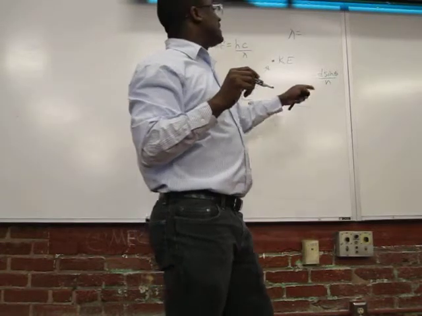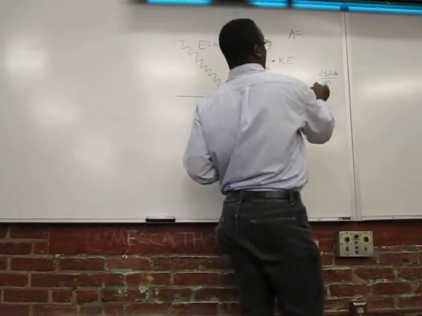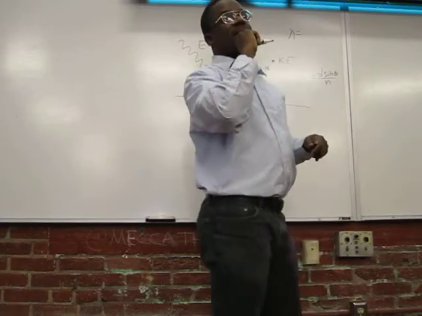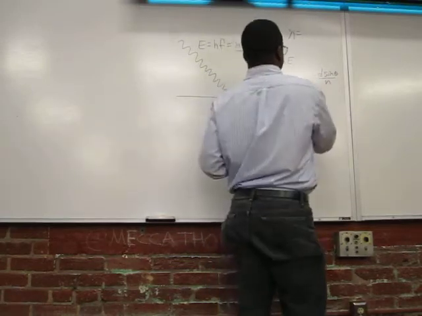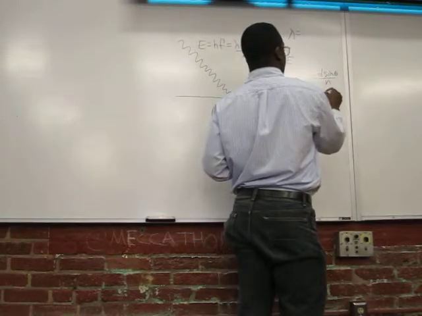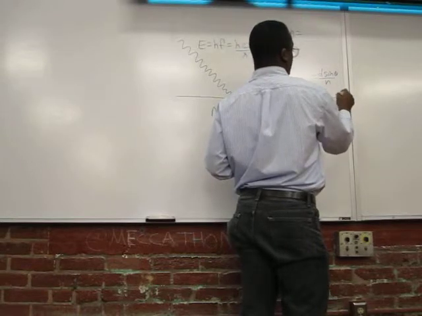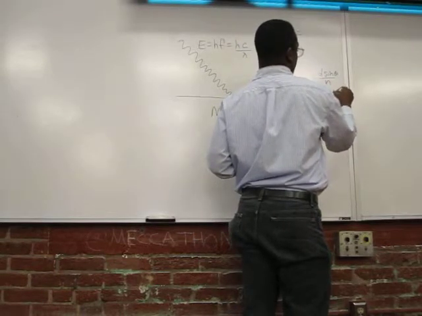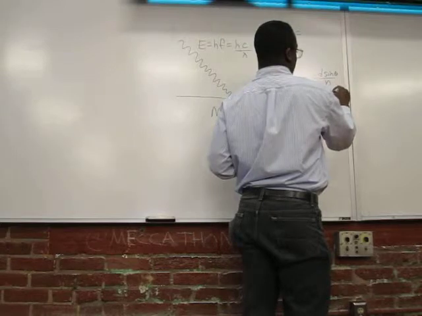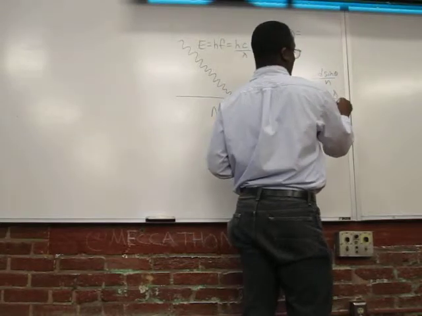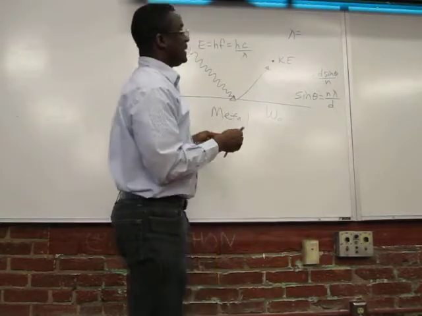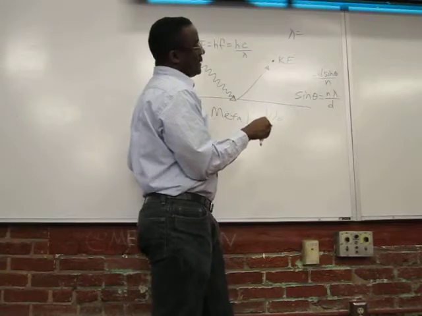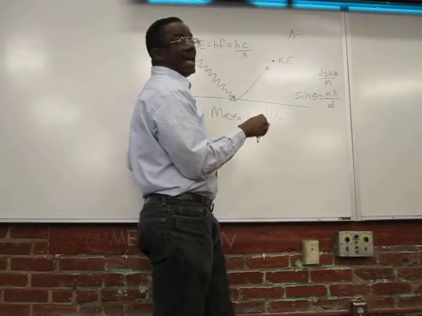Yeah, I think you're talking about Young's double slit experiment. Okay, and so what you're really looking at is sine theta equals lambda times n divided by d. This is the wavelength of your light.